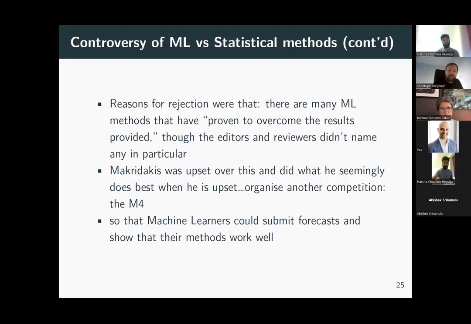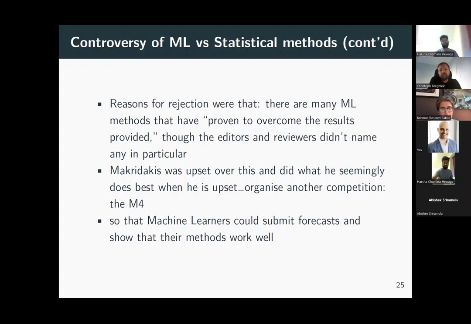So it seems Makridakis was quite upset over this, and he did what he seemingly does best when he is upset. He organized another competition, the M4 this time. The context here is that in the M1 it was already similar. He had written a paper about ARIMA not working very well, he got a lot of backlash, and then he organized the M competition.